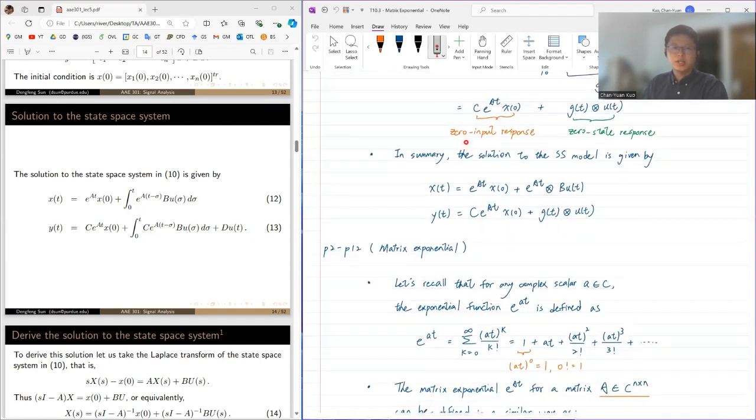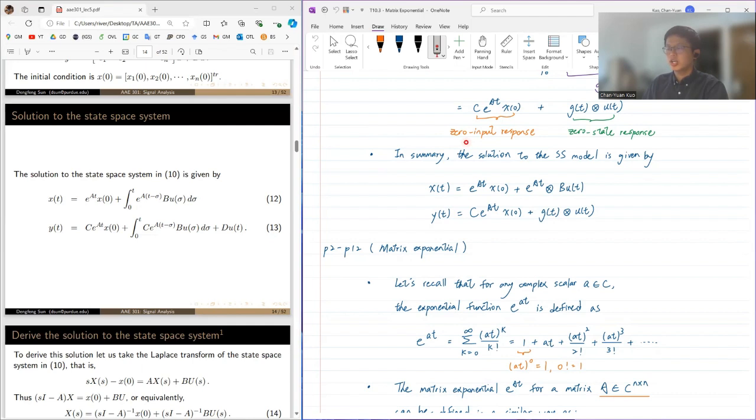So in summary, the solution to the state space model associated with initial state x of 0 and input u of t consists of the state trajectory x of t and output trajectory y of t. The state trajectory x of t is the sum of two terms, which are the matrix exponential e to the A times t times x of 0 and the convolution between the matrix exponential e to the A times t and B times u of t.